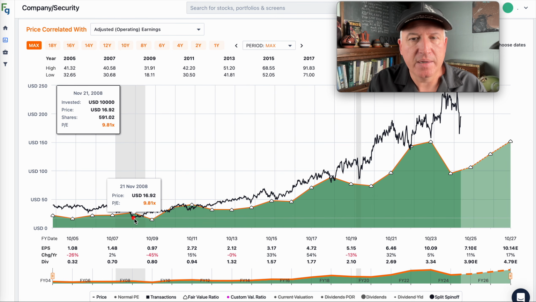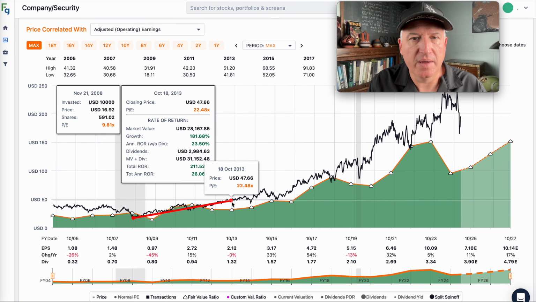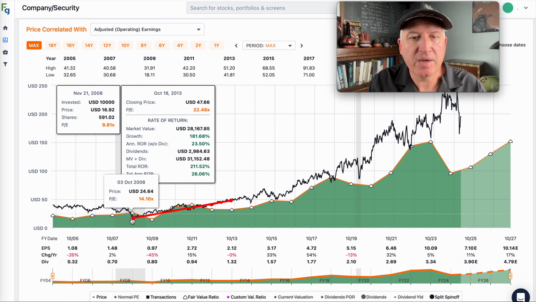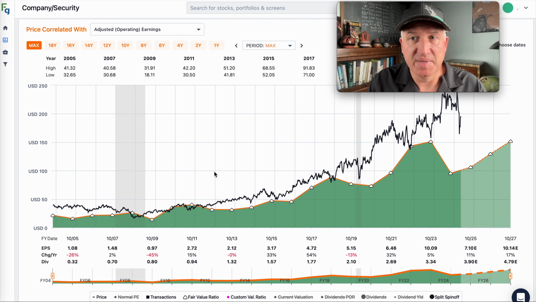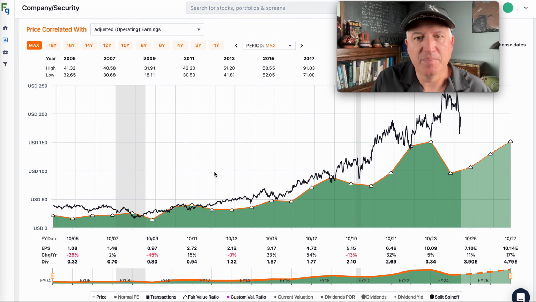So if you bought it here, and you held a while, you would have done well, but I could have bought other semiconductor companies and gotten double that. So if I'm trying to buy them really low, you can get good returns. There might be a situation where you can get better returns than this than something else.